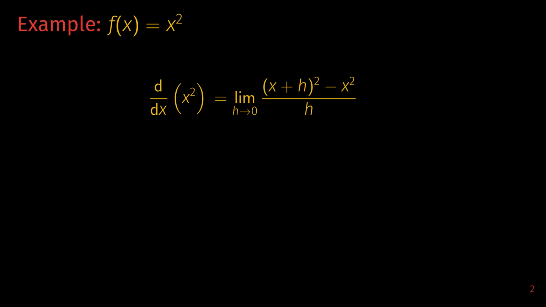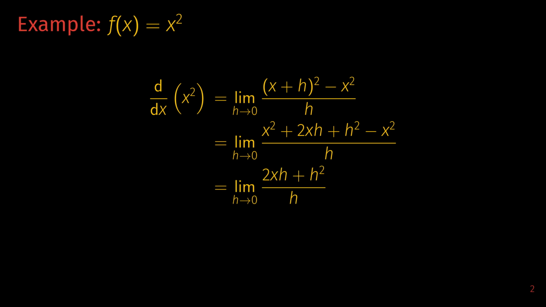Now, we can't just do that yet because we have h both in the numerator and denominator, and only some of the terms in the numerator have the h. So we might as well expand x plus h squared. When we do that, we might notice that we have x squared and minus x squared, which means we can cancel these out. Now both terms in the numerator have an h in them, and the denominator is h itself.